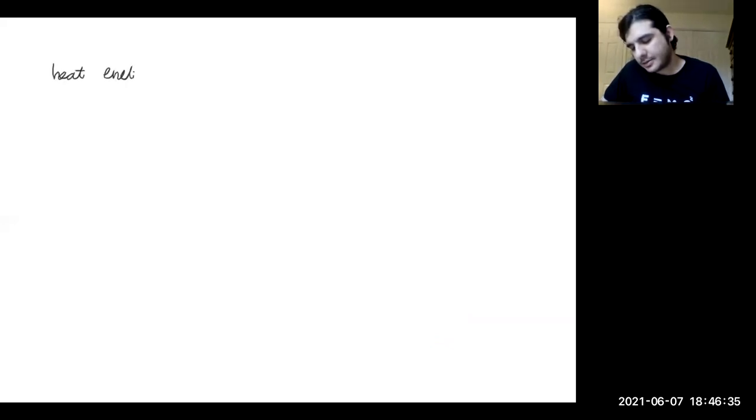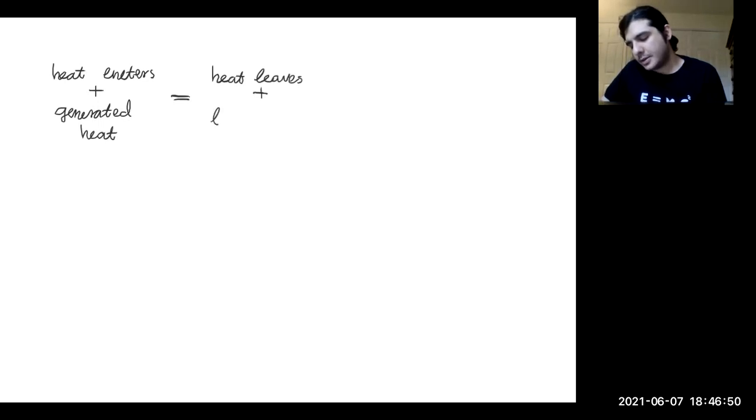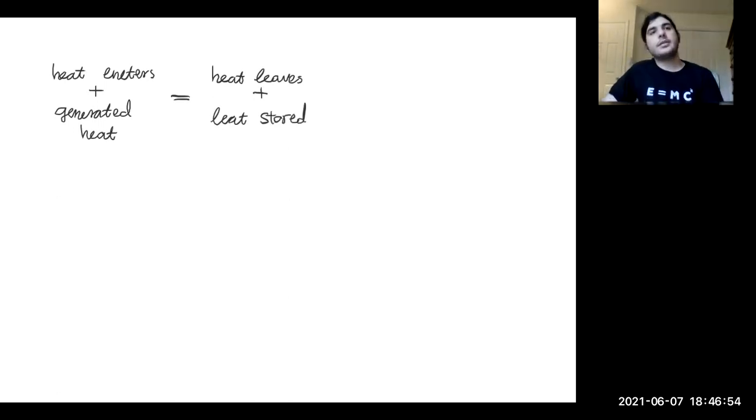So writing down the conservation law we had, we remember the amount of heat which enters plus the generated heat is equal to the amount of heat which leaves plus the amount of heat which is stored there, right?